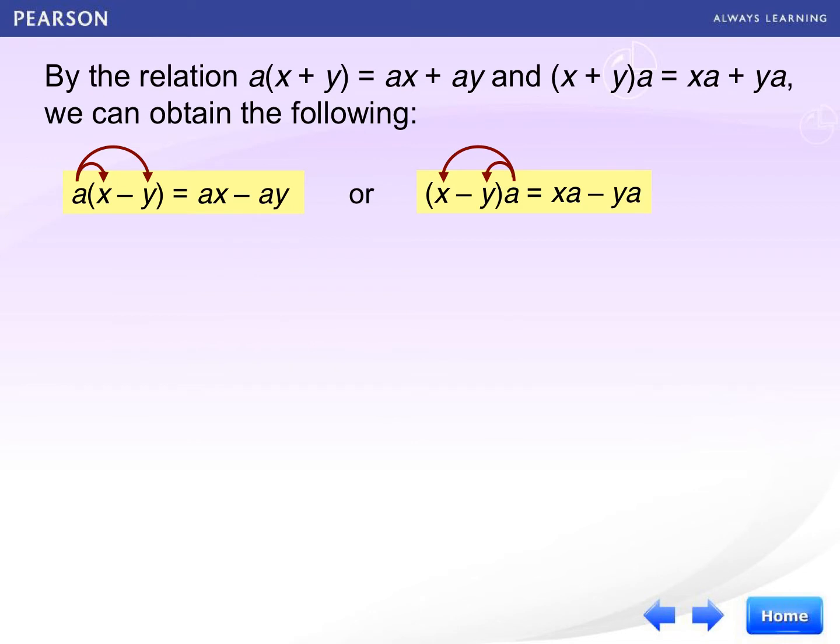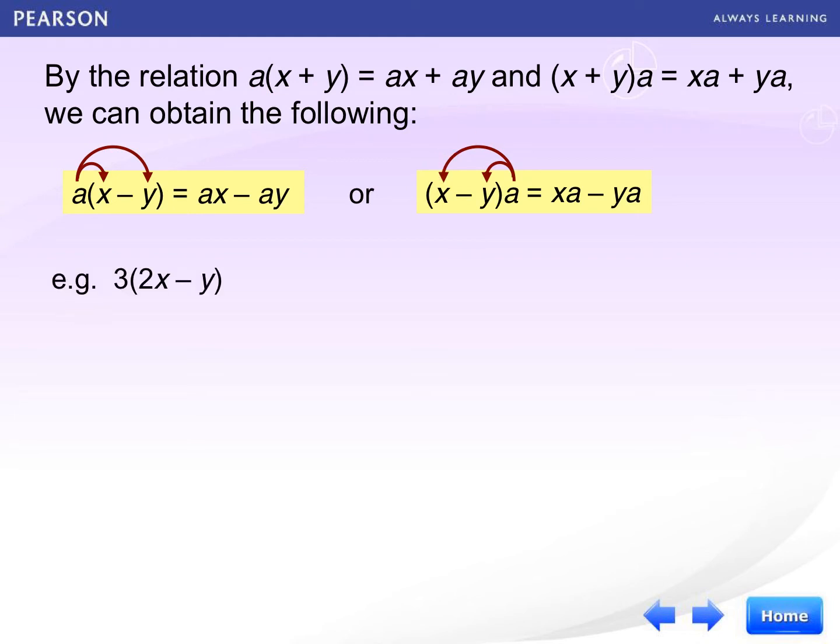The distributive law is also true if the bracket is x minus y instead of x plus y. You can multiply a to the terms inside the bracket. In these two general cases, multiply a inside the brackets.